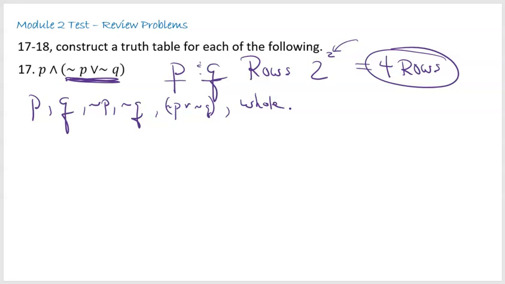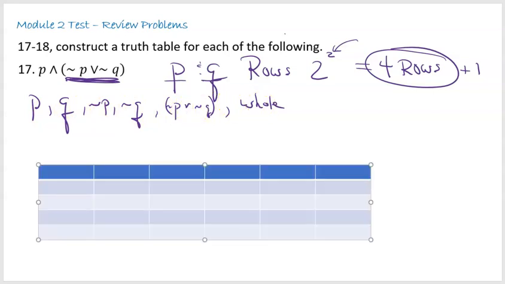So when I build a table for this, or draw one out, doesn't matter, I'm going to need 4 rows plus 1 for the header, so 5 rows, and 1, 2, 3, 4, 5, 6 columns. So magically I put a table down here for us that has 5 rows and 6 columns. So let's fill in everything we need.